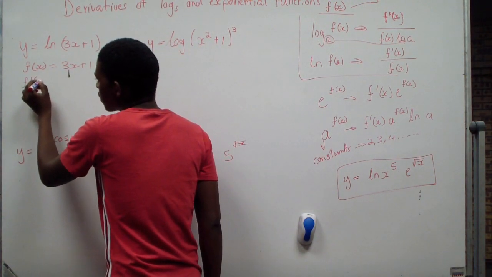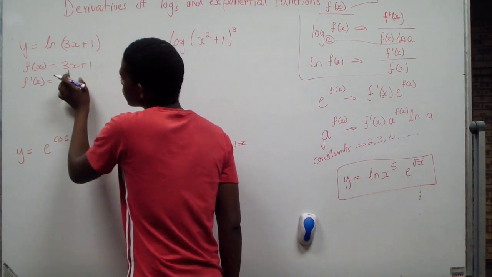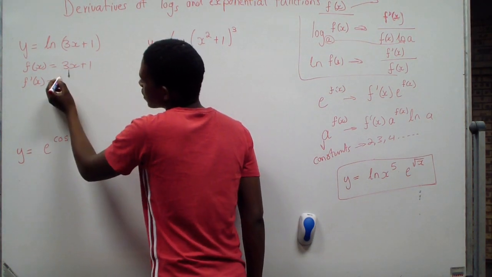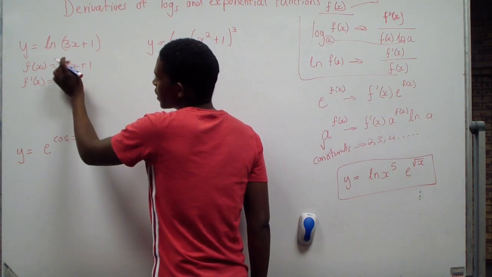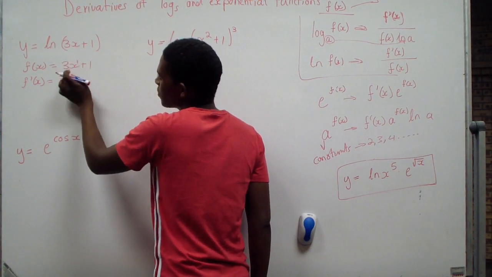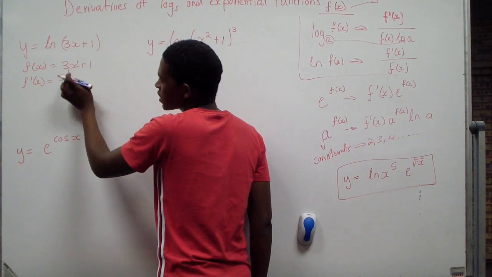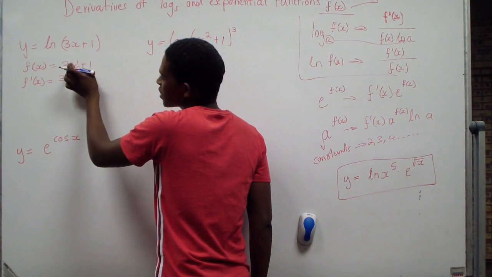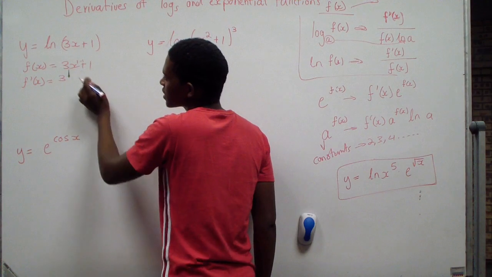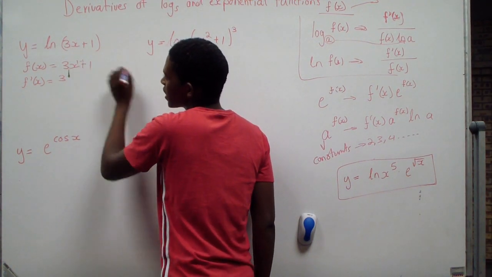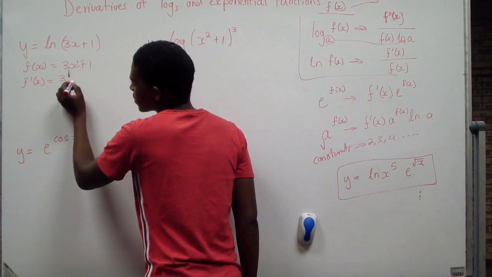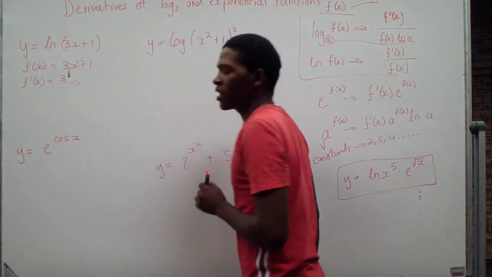When I derive this, I will have 3, because 1 multiplied by 3 is 3. Then I subtract 1 from my index and I have 0. Then when I derive a constant, I get 0.